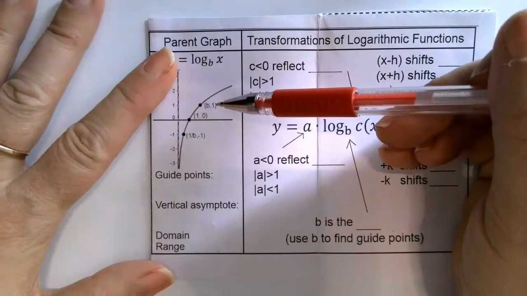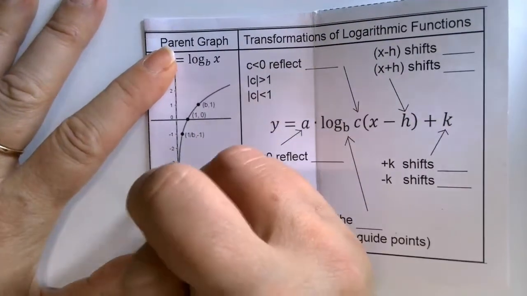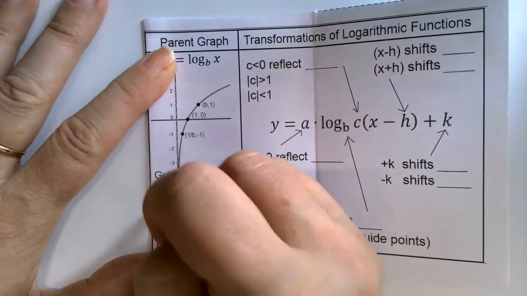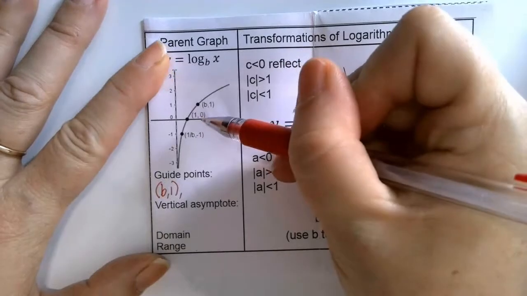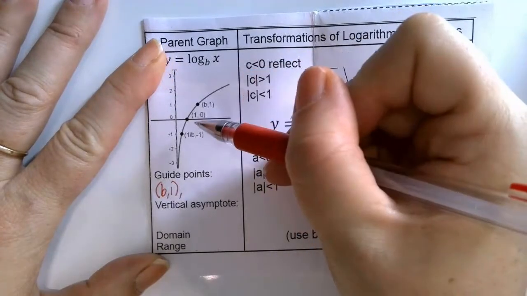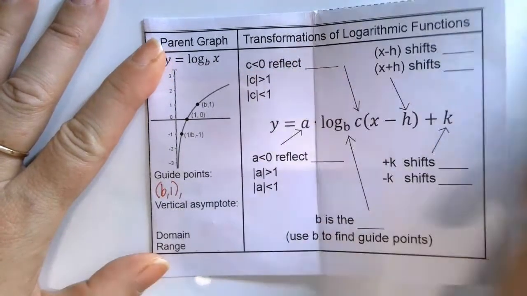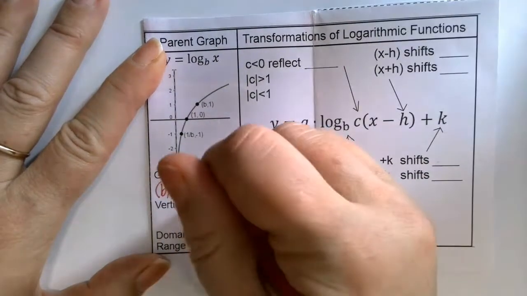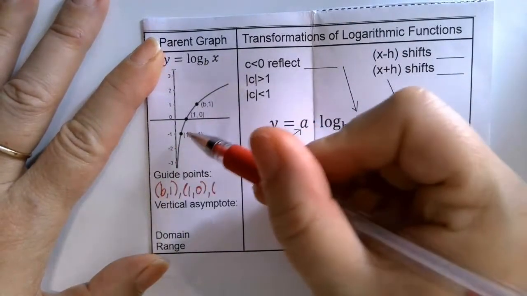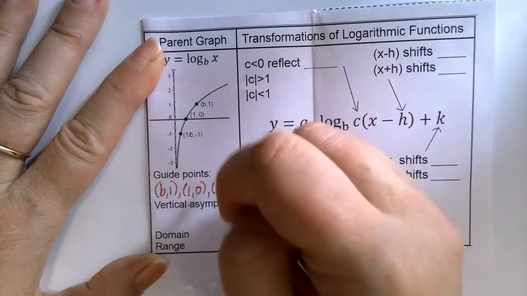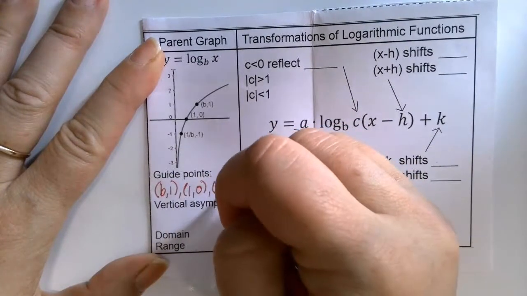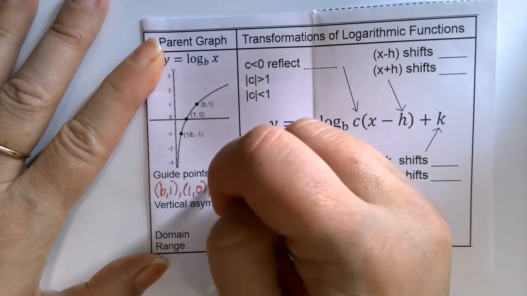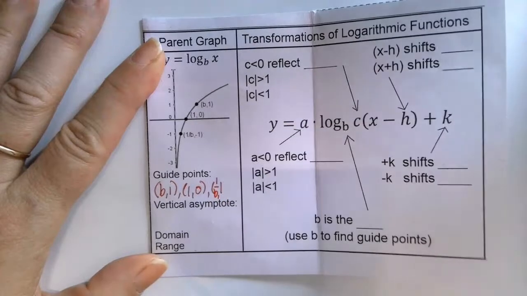So our guide points, instead of going through 1, b, are going through b, 1. Instead of the y-intercept being 0, 1, log base b of x has an x-intercept of 1, 0. And our third anchor point, instead of being -1, 1 over b, we switch the x and y and get 1 over b, -1.